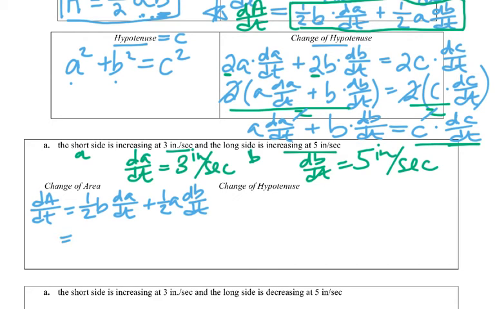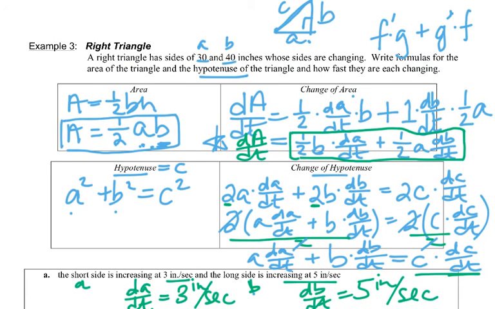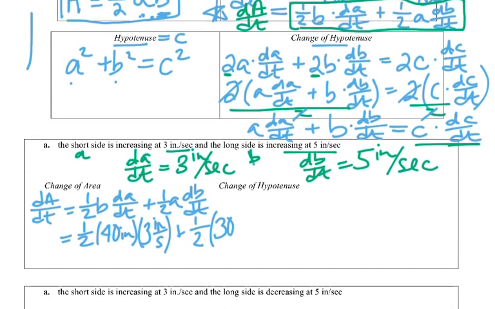Okay, so let's substitute in. We have 1/2 b. B was our long side. The long side was 40 inches times the change in A over the change in time, so dA dt, that's 3 inches a second, plus 1/2 a, the short side was 30 inches, and in case you're forgetting where those numbers are coming from, it was back up here, the 30 and 40 inches that we were given originally.